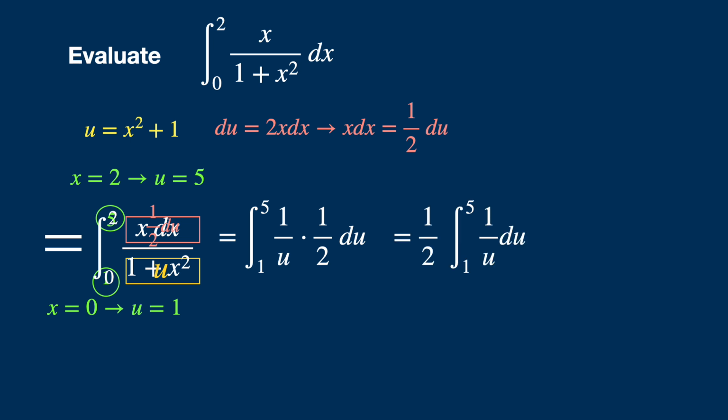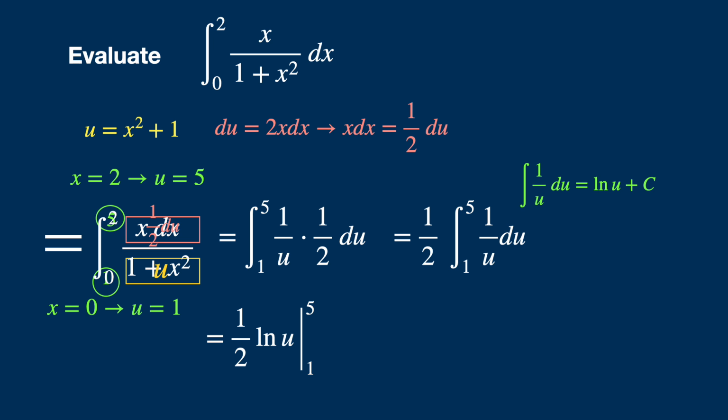So 1 over 2 is outside: the integral from 1 to 5 of 1 over u du. Now, can you find the antiderivative of 1 over u? It's ln u plus c. Then you use the fundamental theorem. That's 1 over 2 ln u from 1 to 5.